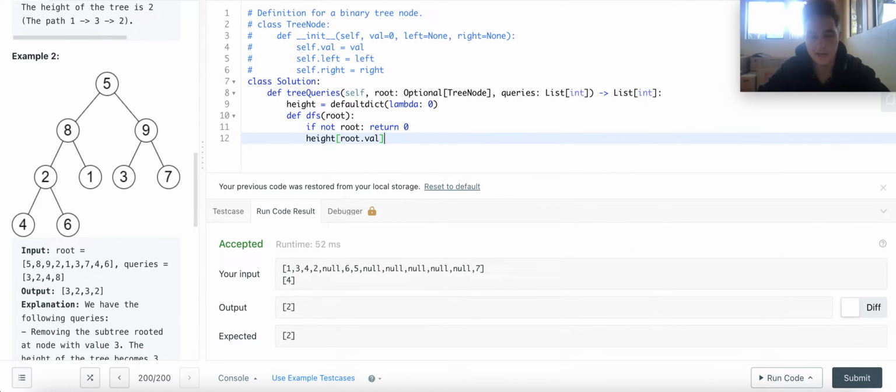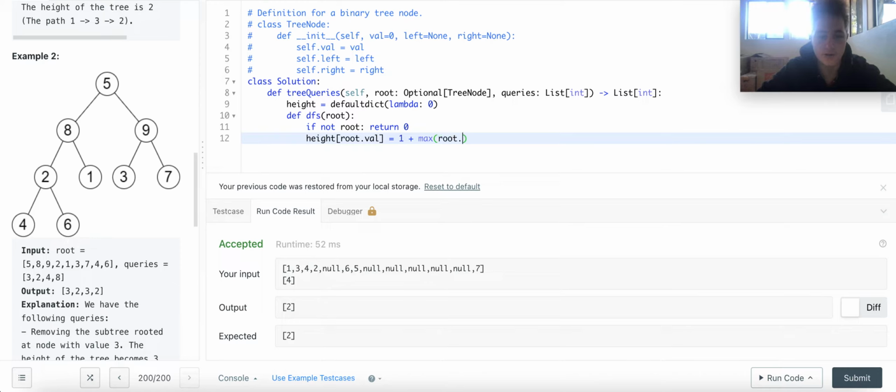of this root, now since each root is unique, we can just reference the root.val. The height equals, well, 1, because you're one tree, right? Plus the max of our neighbors.